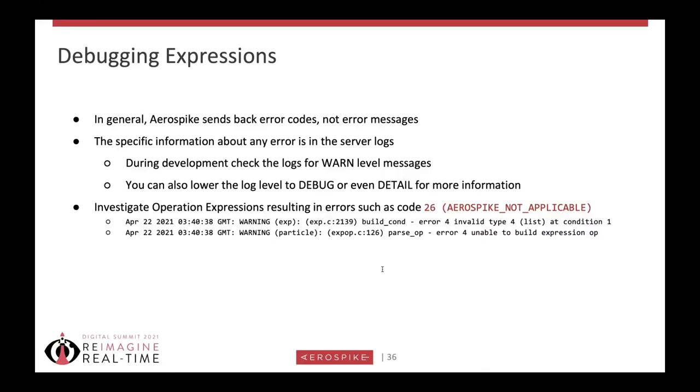I have a link for this, but if you look at our technical documentation under configuration, there's a whole section about how to configure log files. And you will see that operation expressions result in error codes such as error code 26, that it's not applicable, and the messages will look something like this.